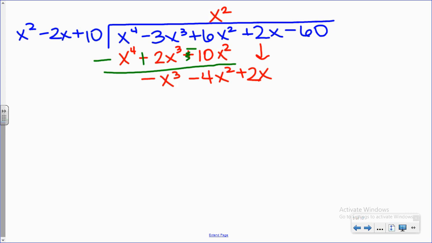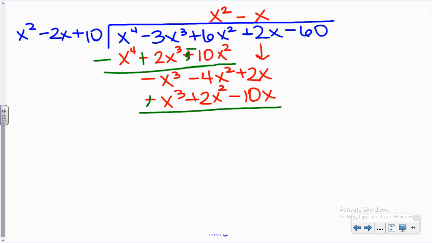Okay, so now what is x squared times what is negative x cubed? Negative x. Let's take the divisor times negative x. We are subtracting, so change the signs.